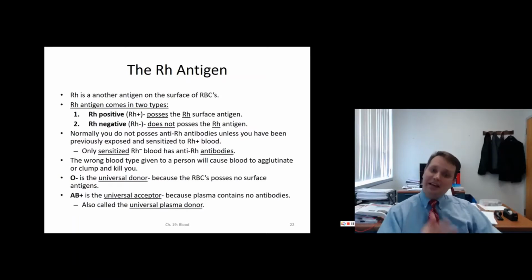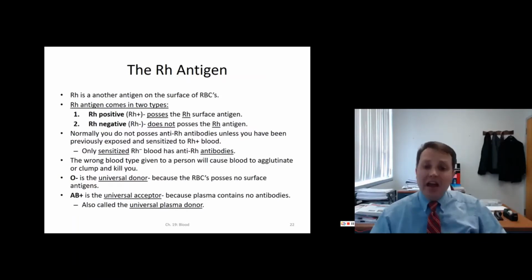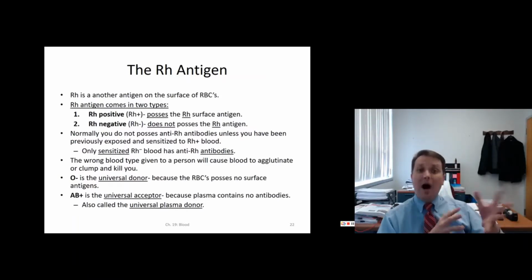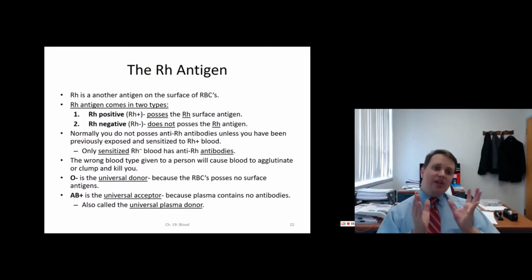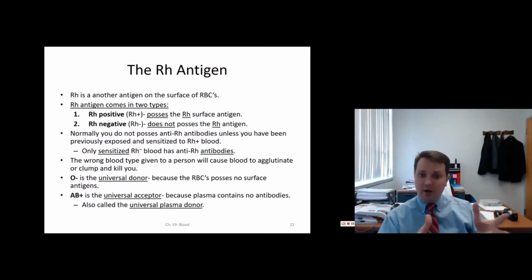Now, here's the thing about this. Antibodies against Rh, you don't even make those unless you get exposed to them. Why is this? Well, the way you make antibodies against Rh is the same way you make antibodies against the cold. So you have to get the cold virus in order to make antibodies against the cold virus. Same way you make anti-Rh antibodies.